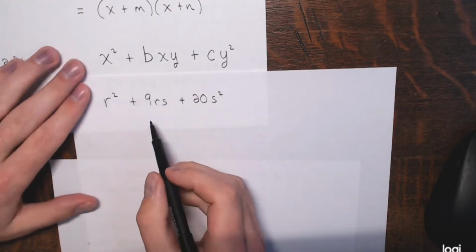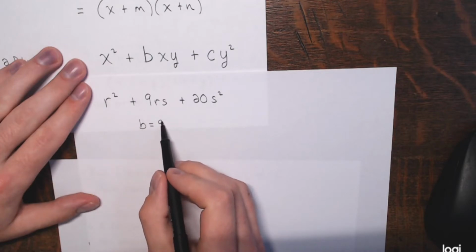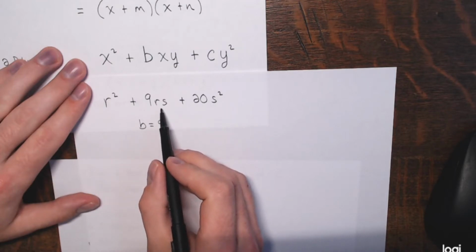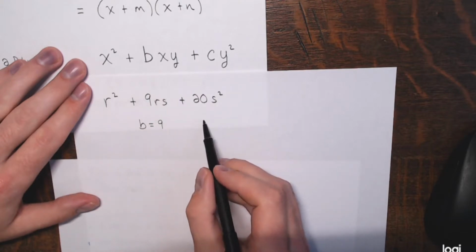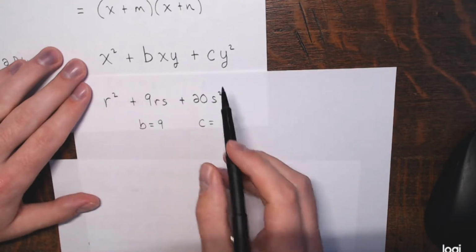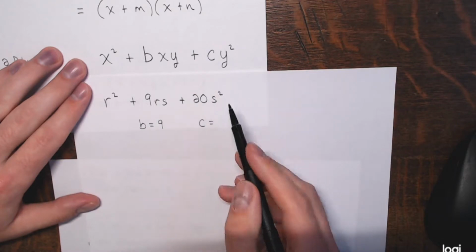So the value of b here is positive 9. It's the coefficient of this second term, this rs term, where both variables are to the first power. The value of c is positive 20, the coefficient of this last term where the second variable is squared.